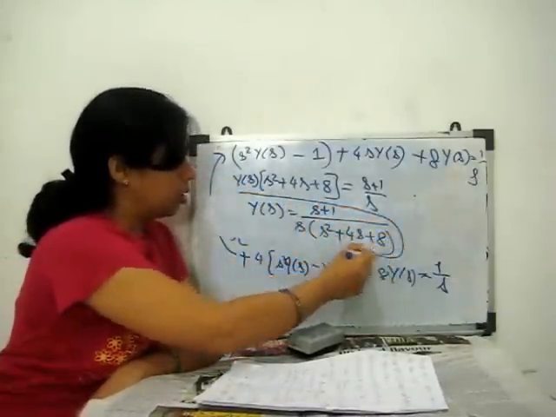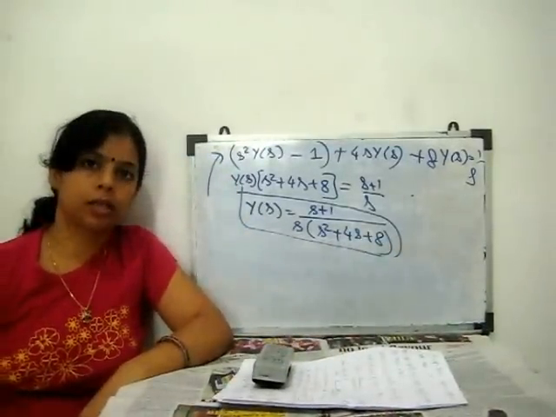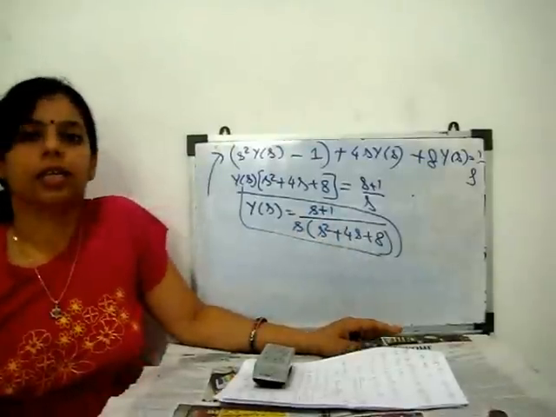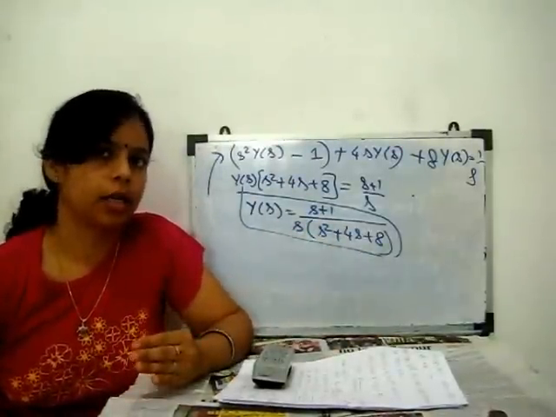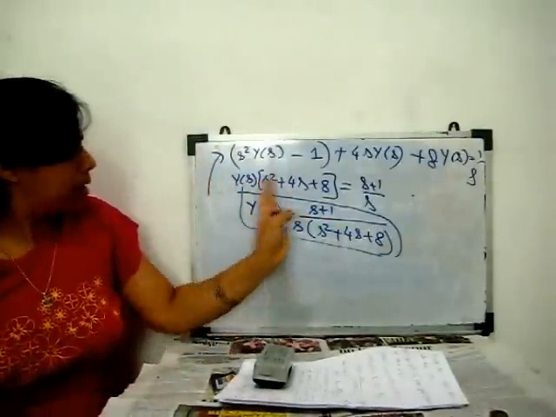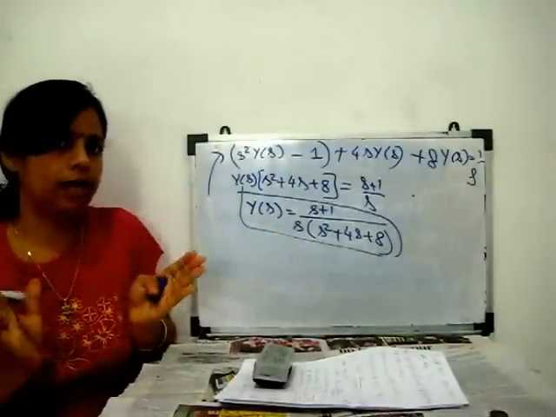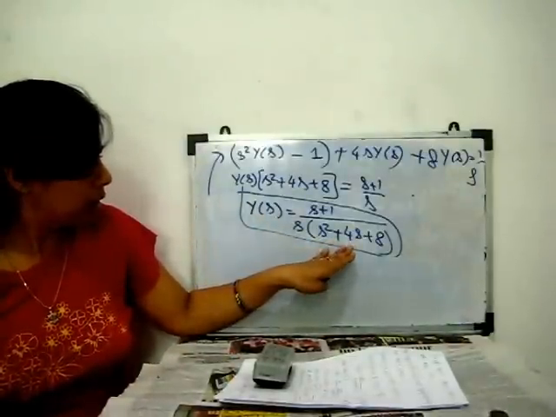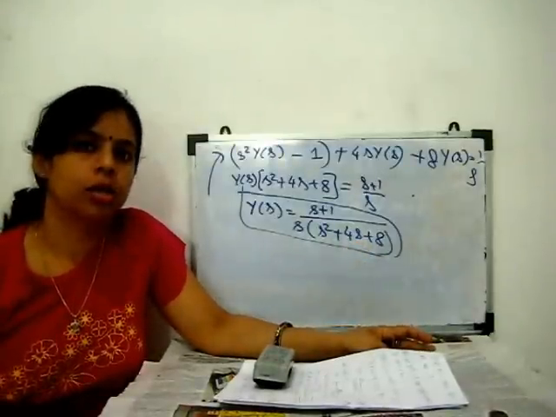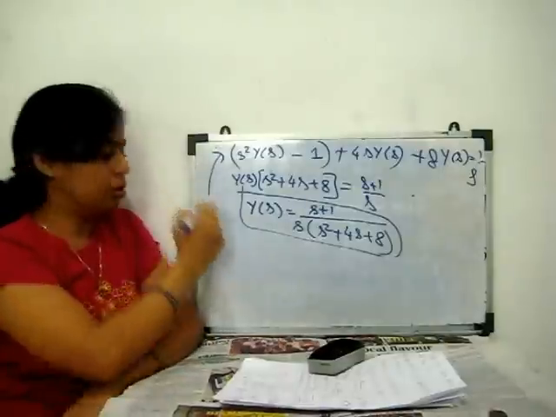So this is our function for the inverse Laplace. Clear? Now we are taking the inverse Laplace of this function. For taking the inverse Laplace, on both sides, inverse Laplace of Y(s) is y(t). So the value of y(t) we can find out, and for this inverse Laplace we use partial fractions for separating the terms.